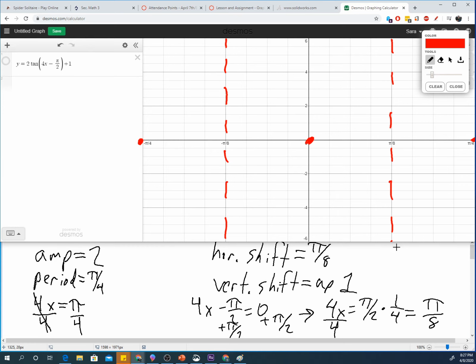Here, though, we have an amplitude of 2. So this point that normally would be here is going to be here instead. And likewise, when you move over in the negative direction, normally you'd be at this point -1, but instead we're going to be at the point -2. Once you have that, you can draw your function in.